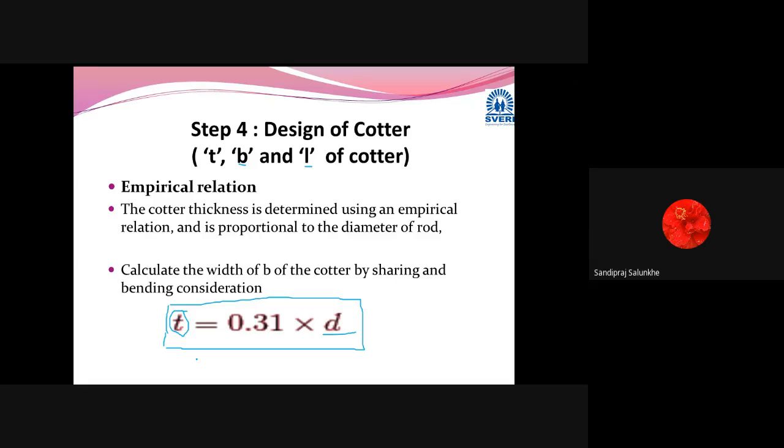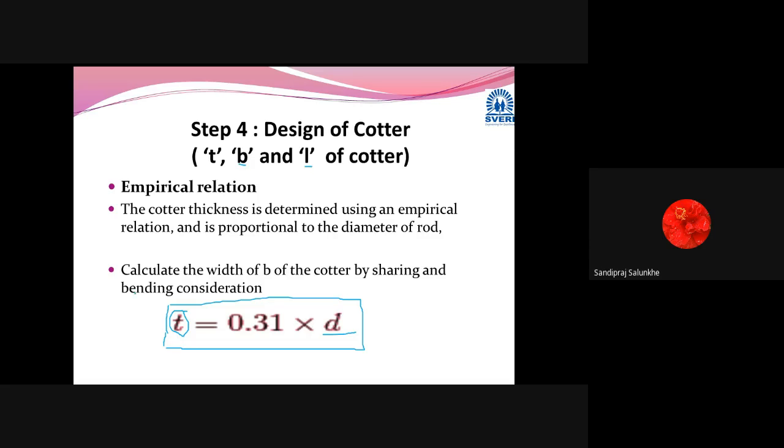Also calculate the diameter of the spigot, only one diameter is there. Calculate the diameter of the collar of the spigot, the diameter of the collar of the socket, and also calculate C, the thickness of the collar. Wherever you have kept T as it is, just put that value of T and calculate the values.